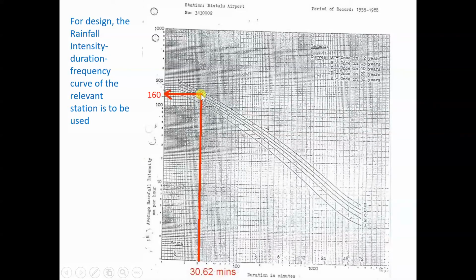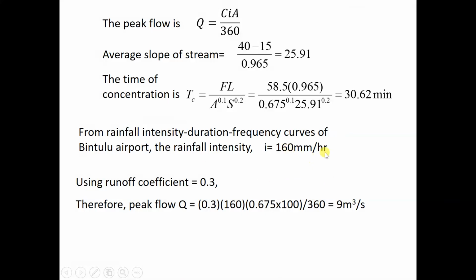Okay, that we designed for the line D, once in 20 years. So you hit line D from the vertical line upwards, once in 20 years, and then we project to the left horizontally. Then we get 160 millimeter per hour.